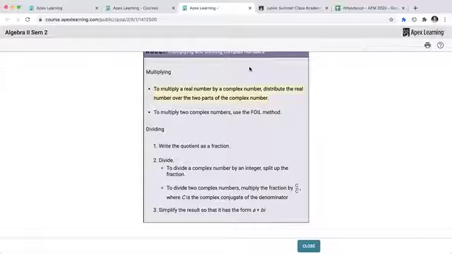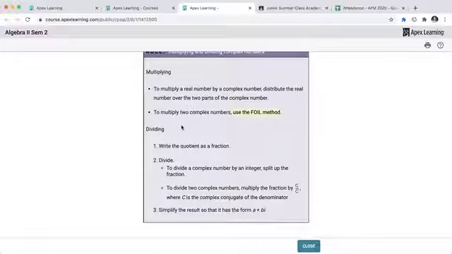If it was two complex numbers, we had to use our FOIL method. And in this process, we had to turn i squared into -1.